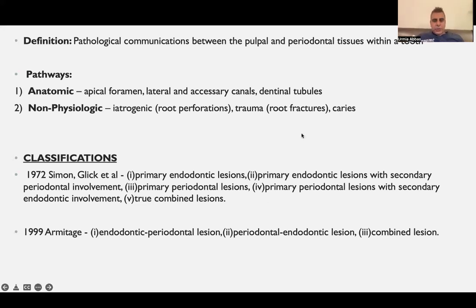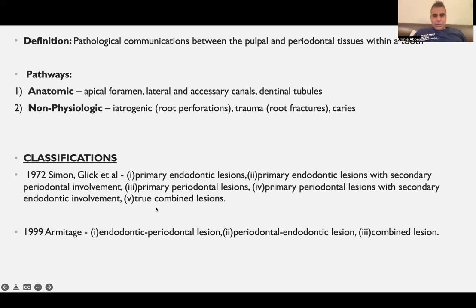They spoke first about primary endodontic lesions, where only the pulp is involved. Then there's primary endodontic with secondary periodontal involvement, where from the pulp you also have periodontal involvement as well.